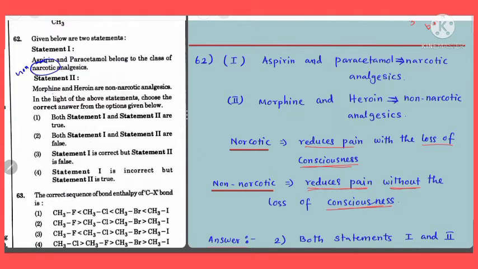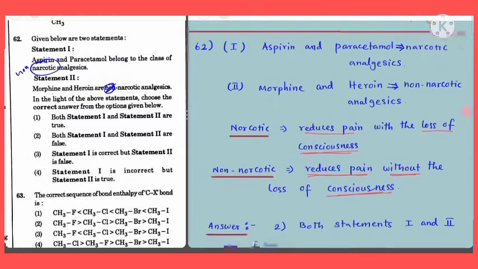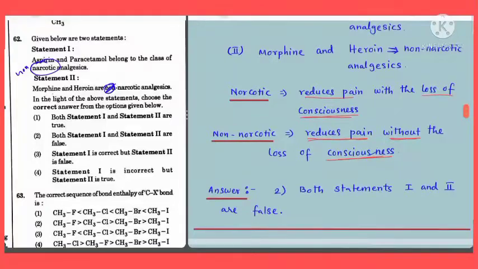Similarly, morphine and heroin are given as non-narcotic, which means they are not affecting the consciousness and simply reduce the pain. But actually morphine and heroin are narcotic analgesics. They reduce pain along with loss of consciousness. So both the statements are false. The correct answer is option 2.